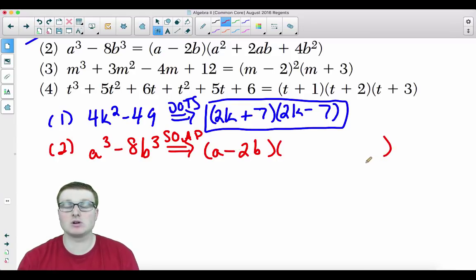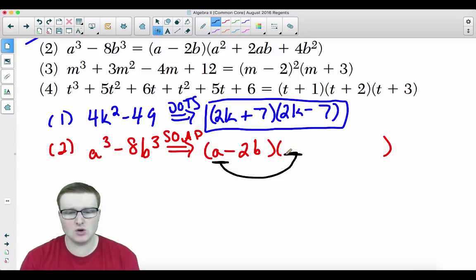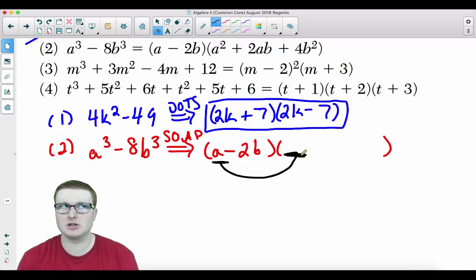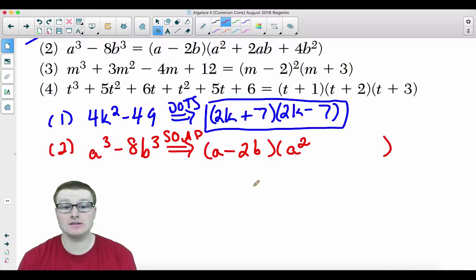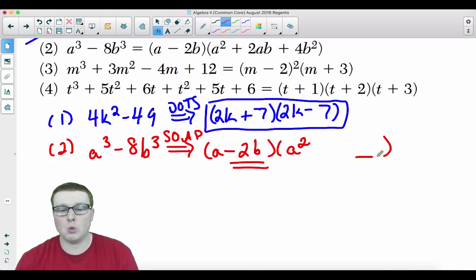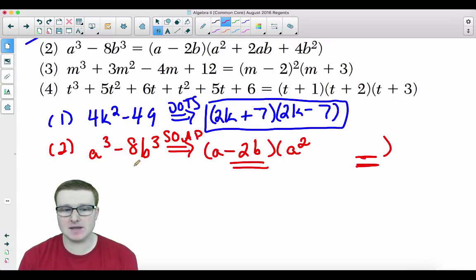Then you set up your trinomial, okay? Now, here's the tricky part about SOAP. The letter a times the first term of that trinomial has to equal a to the third. Well, a times what gives you a to the third? That's just a squared. Okay, that's good. Now, negative 2b times what gives you negative 8b to the third?